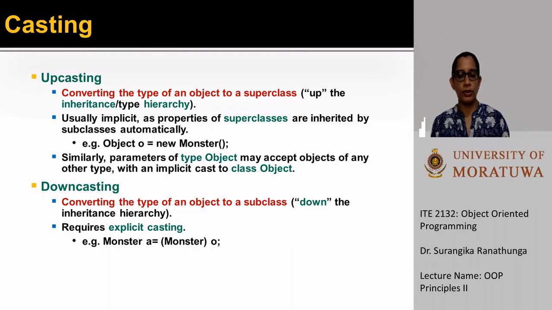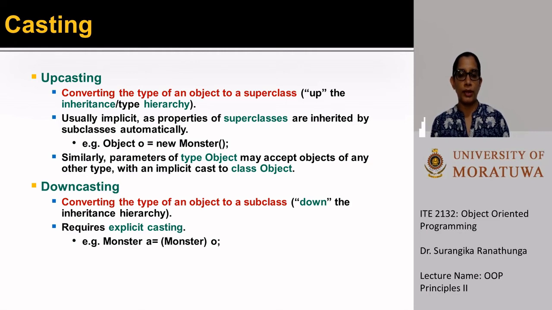For example, we saw this example earlier also, object O equals new monster. O is the object, the superclass; monster is the subclass. So we can directly convert the monster subclass object into an object of the superclass type. Another example, Q equals new linked list.